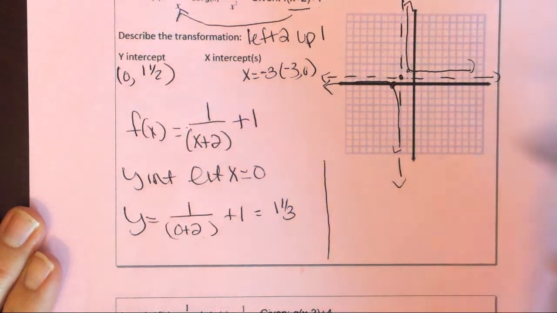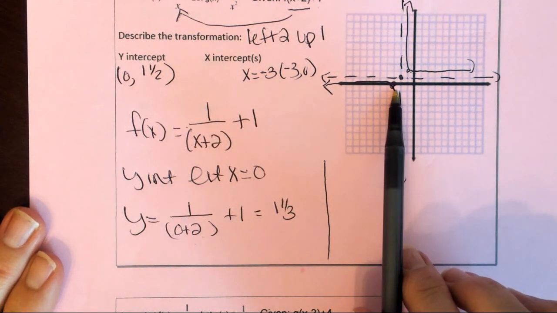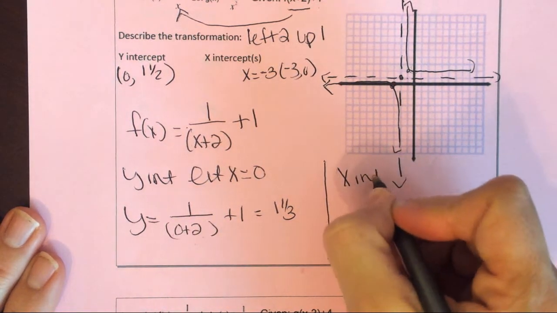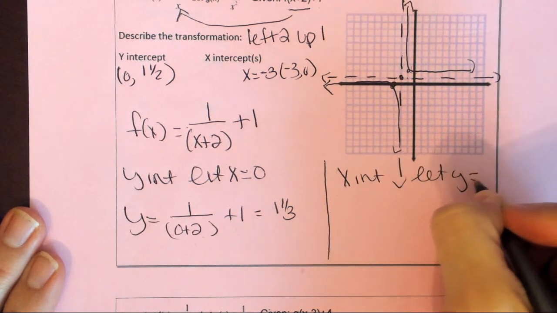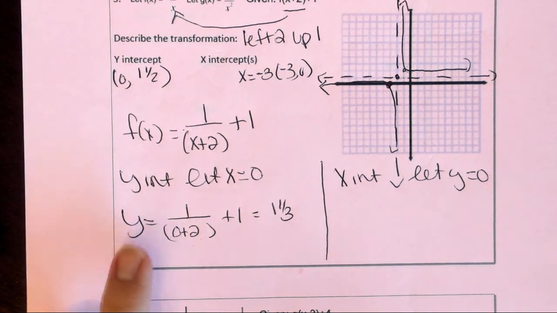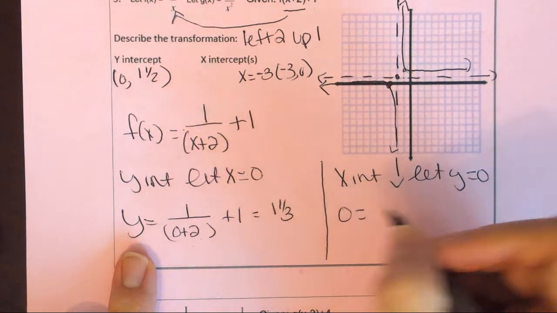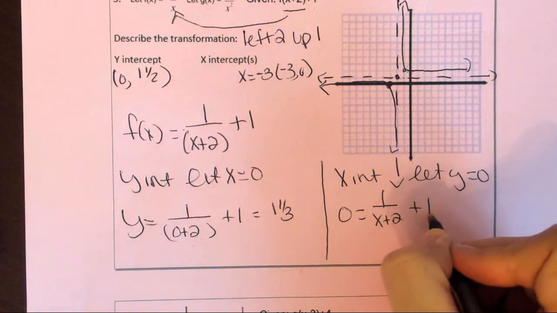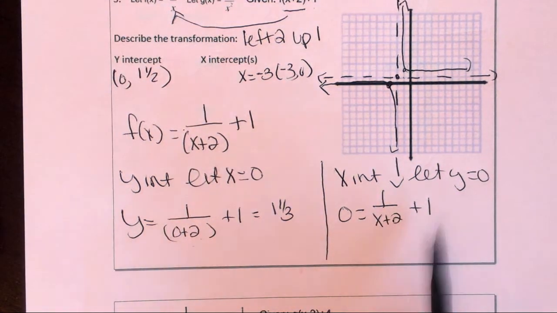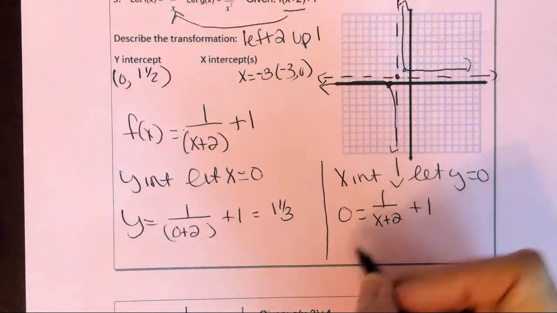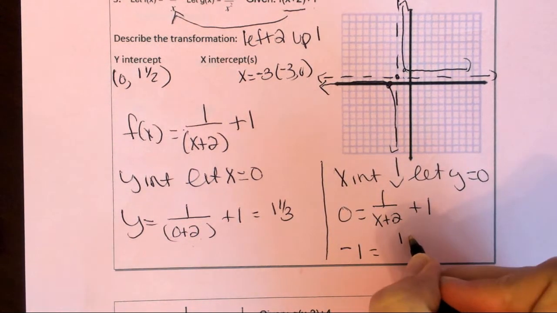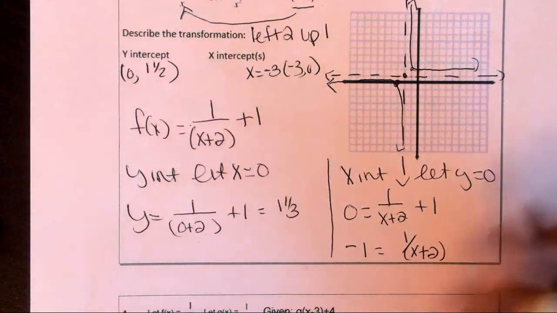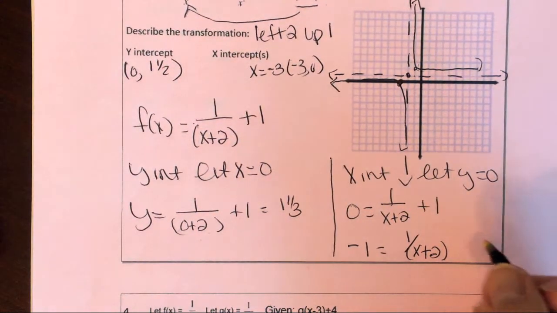Now let's just pretend that we couldn't find our x-intercept from our graph. We do the same kind of thing right here, except we would let y equal 0. So right here where I have y, I'd have 0 equals, and then I'd go back to my equation, 1 over x plus 2, plus 1. And then I would solve this equation like in Algebra 1. So we'd minus 1 from both sides first. The x plus 2 is in the bottom, so I would remember to multiply both sides by x plus 2.